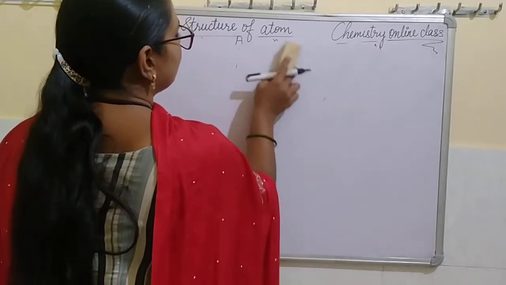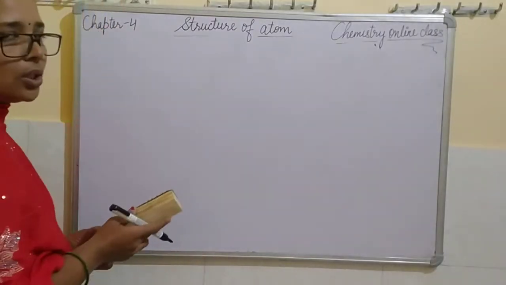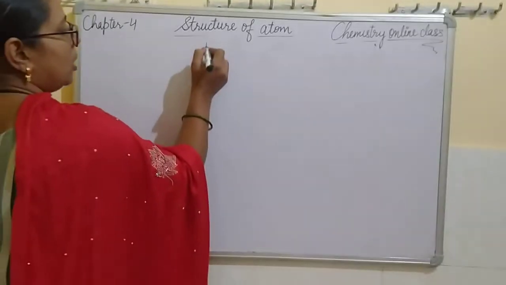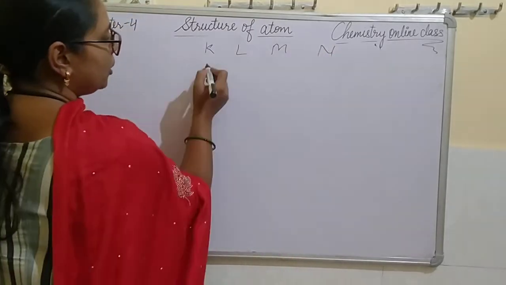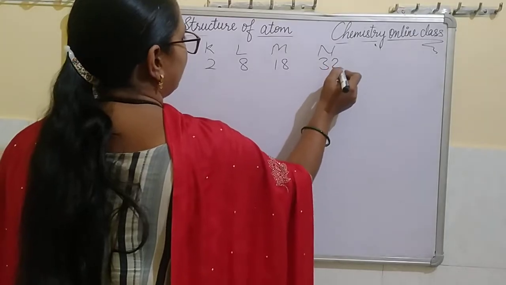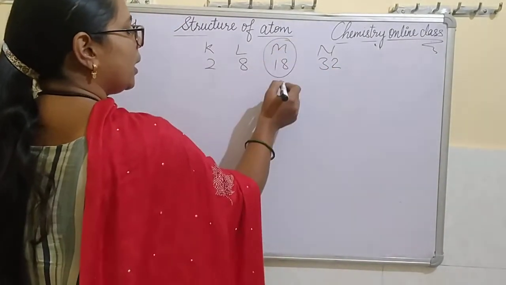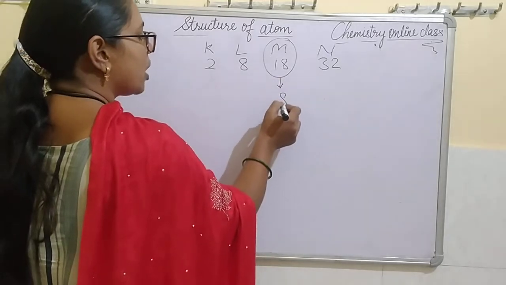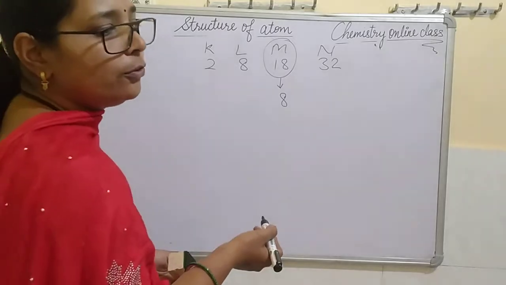And during the distribution of electrons, students, keep one more thing in mind. When we are filling these shells, according to the formula it comes to 8, 18 and 32. But we will fill only 8 electrons in the M shell also, and that is due to repulsion of electrons.